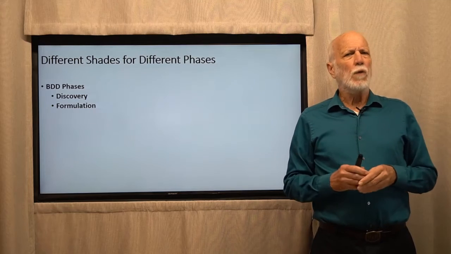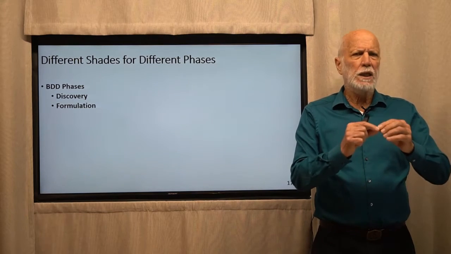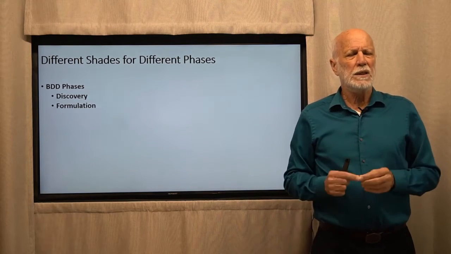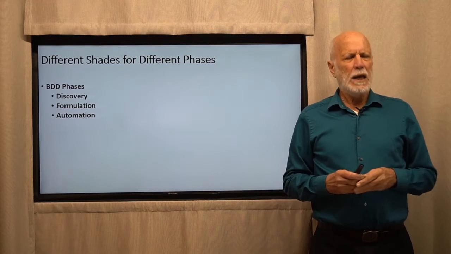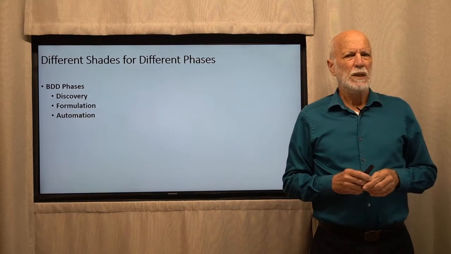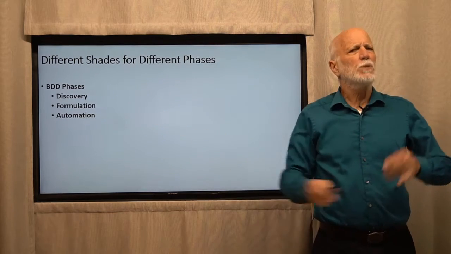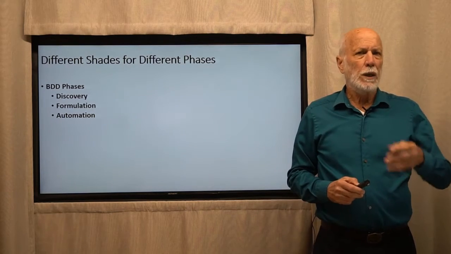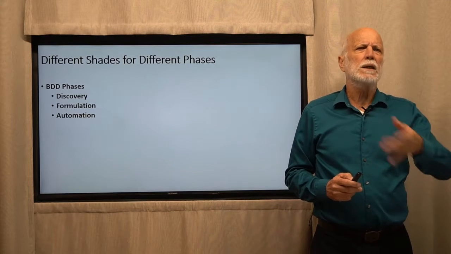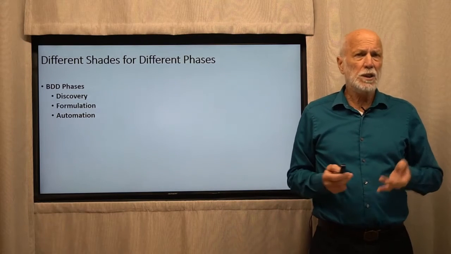And then they do formulation to get these into very specific examples. And finally, they automate those examples. Although these are the three phases, there's some loop backs. Sometimes when you're formulating your scenarios, you just realize that there are additional conditions that need to be met.